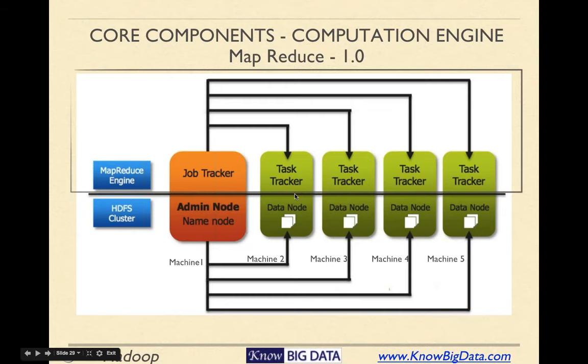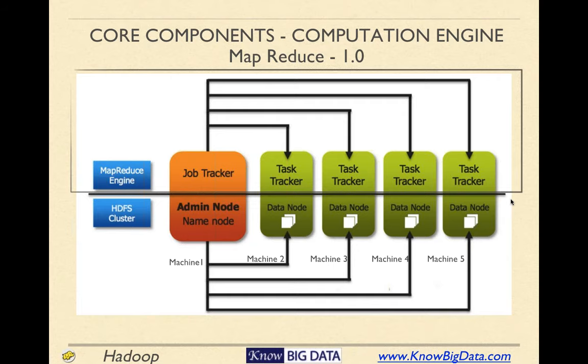So the lower bottom part here, we have already discussed, right? There is admin node or name node, then there are data nodes storing data. Now, interestingly, in Hadoop, the computers serving the data, the data nodes, are comparatively free processor-wise.